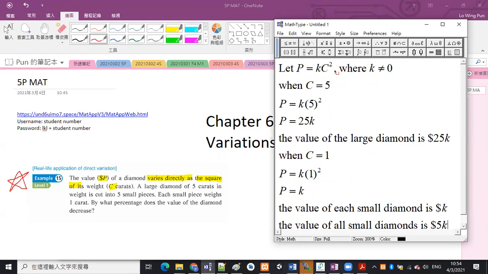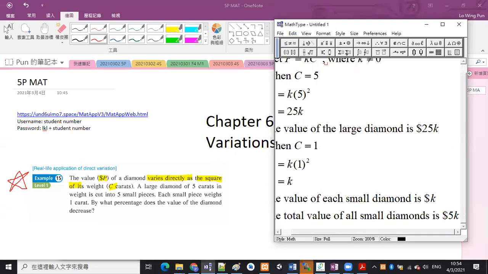So the total value of all small diamonds should be $5K. 原先大鑽石係25K 咁多錢，而家切細咗變成5粒細鑽石，每一粒係 K，總共只係5乘 K。好明顯個價值低咗好多。而家問你，by what percentage does the value of the diamond decrease?